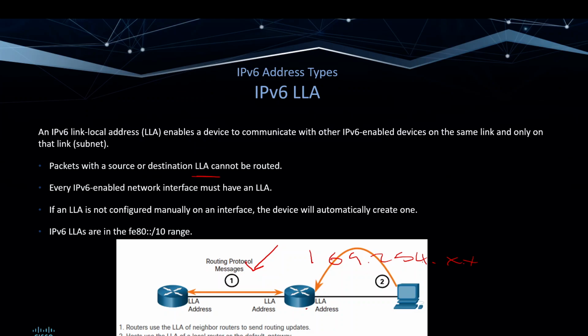It's similar to those, and they allow routers to exchange routes between each other. They're actually used for sending the ICMPv6 router advertisement, router solicitation, neighbor advertisement, neighbor solicitation, and so on and so forth.